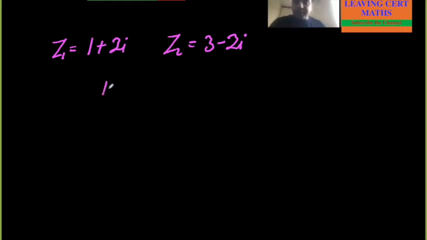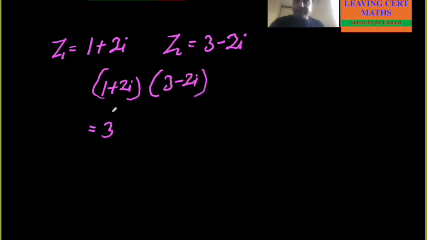Okay, let's check. 1 plus 2i multiplied by 3 minus 2i, right? So 1 multiplied by 3 is your 3. 1 multiplied by this is your minus 2i. This multiplied by this is your 6i. And this multiplied by this is how much?